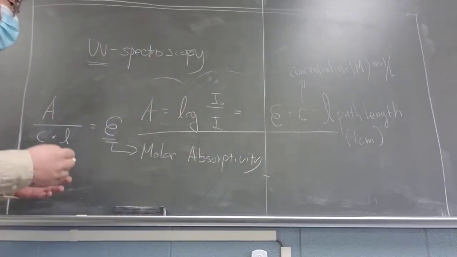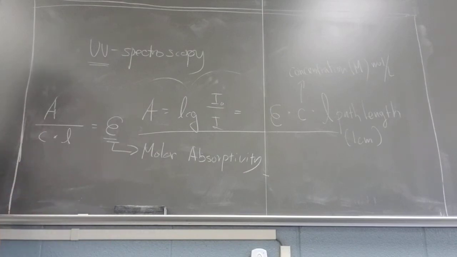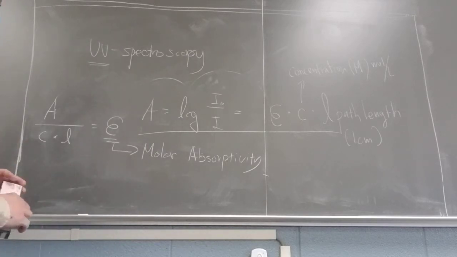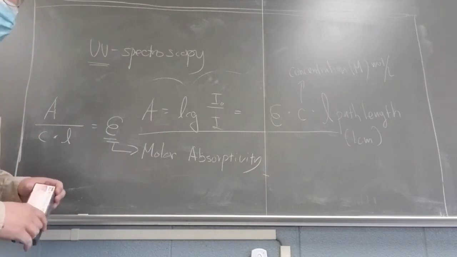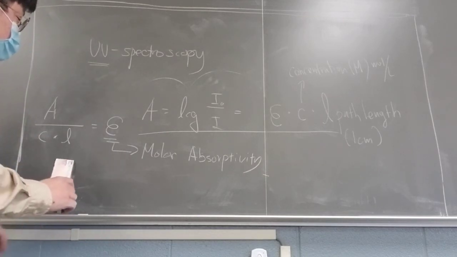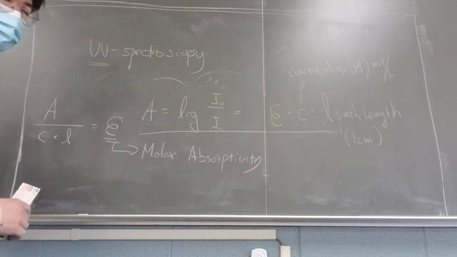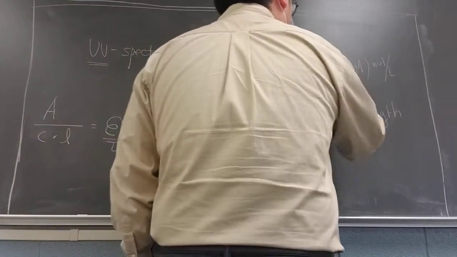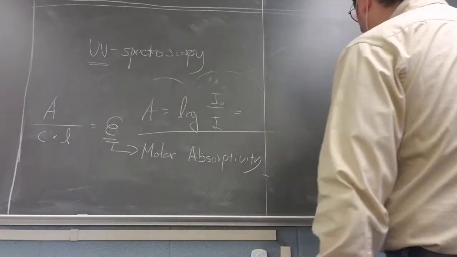So this is a number you're going to have for standard conditions, with concentration and path length fixed, for certain compounds' absorbance value. Let me give you an example.